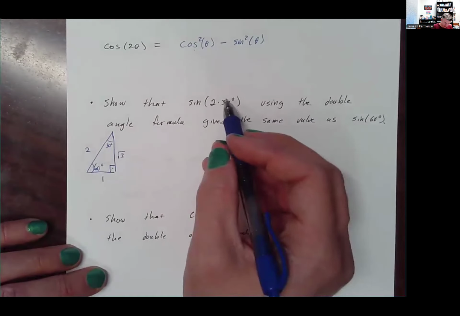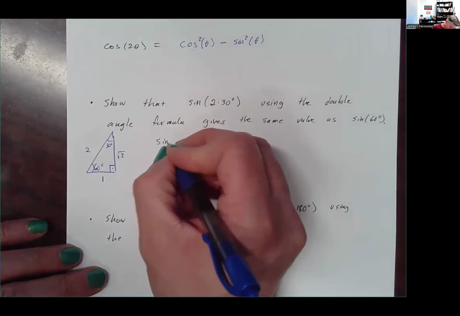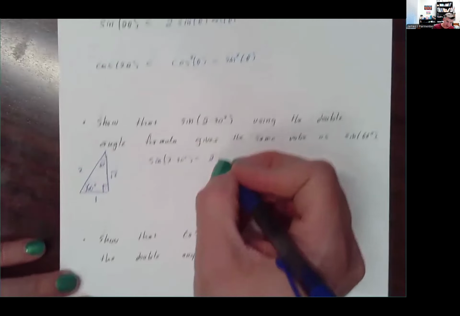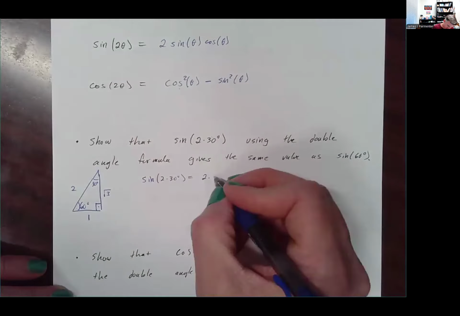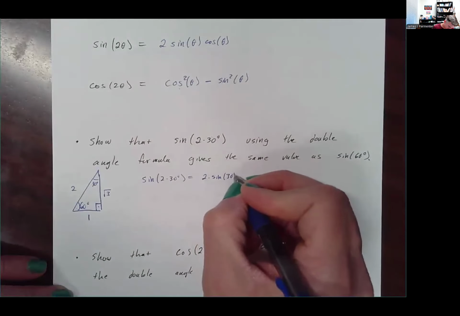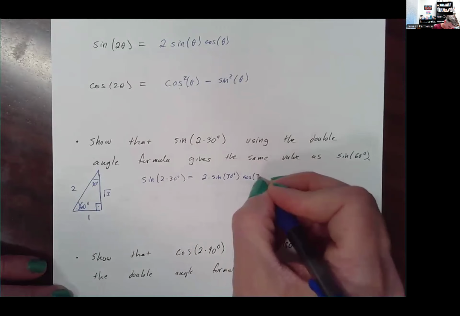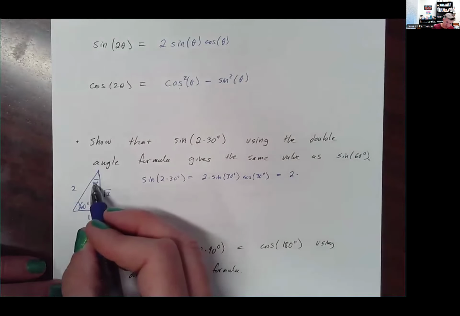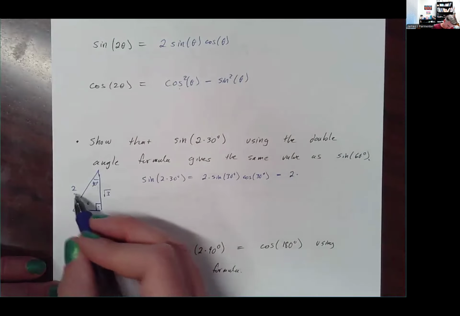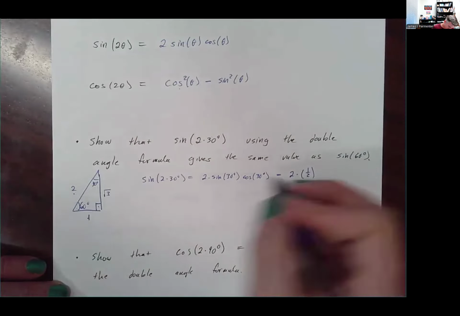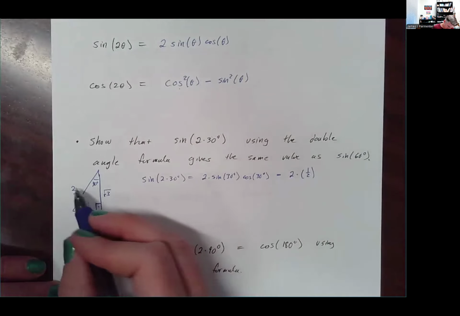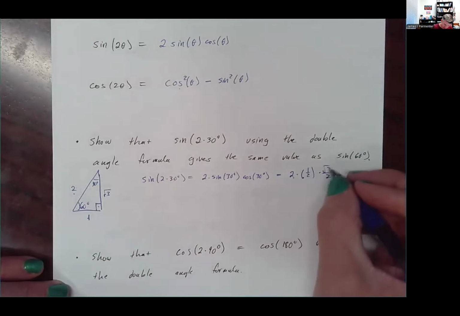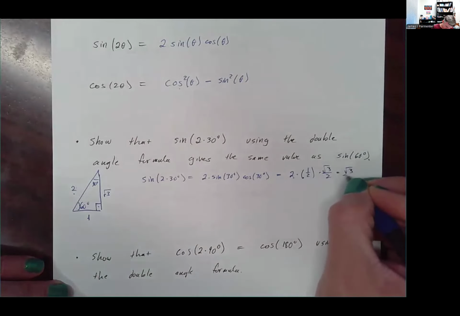So using the double angle formula first, sine of 2 times 30 degrees should equal 2 times sine of 30 degrees times cosine of 30, which is equal to 2 times, let's see, sine of 30 degrees is opposite over hypotenuse, and cosine of 30 degrees is adjacent over hypotenuse. 2 times 1/2 is just 1, so that's 1 times root 3 over 2, which is just root 3 over 2.